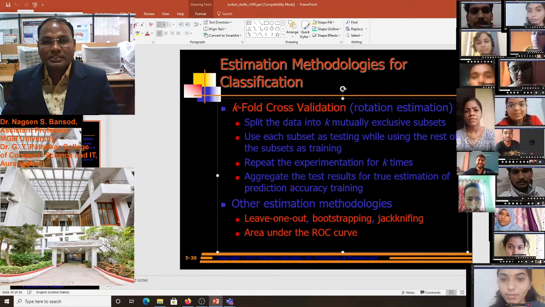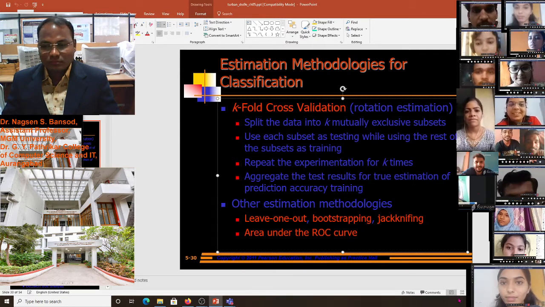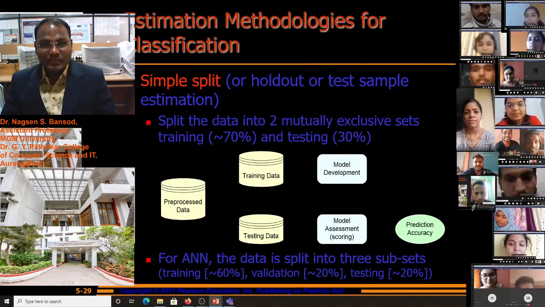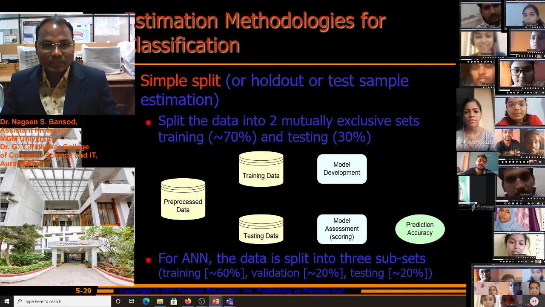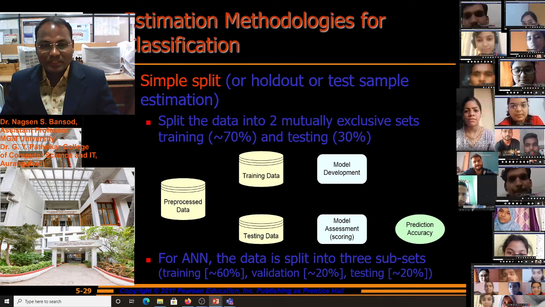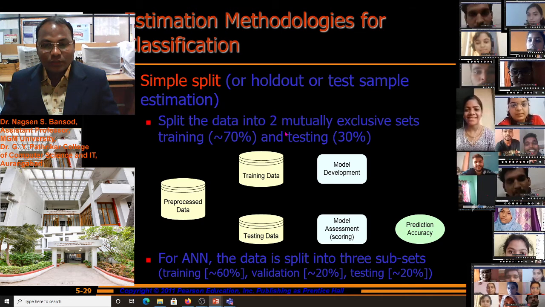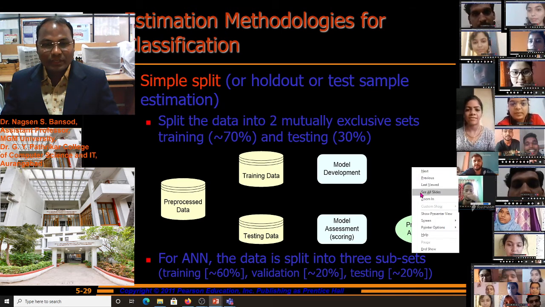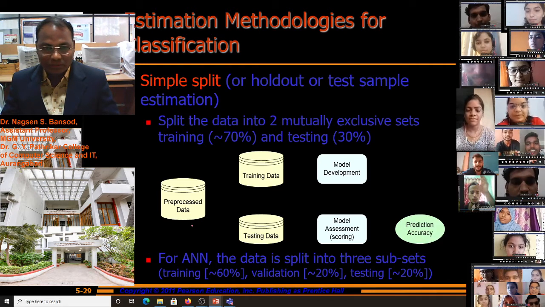Today we will see estimation methodology for classification. As we have seen, in the simple split, hold-out or rest sample estimation, we split the data into two mutually exclusive sets, training 70% and testing 30%, likewise.